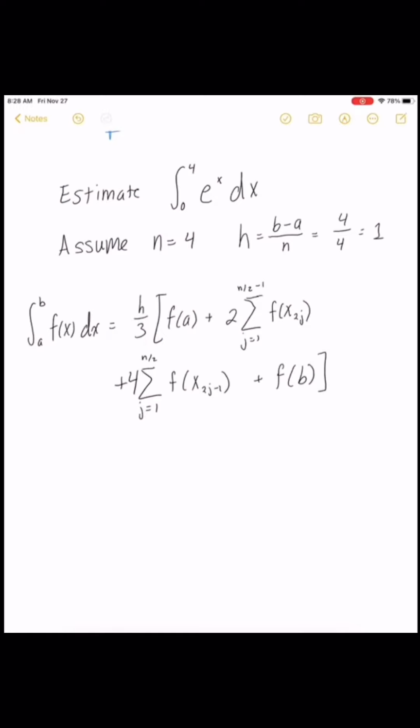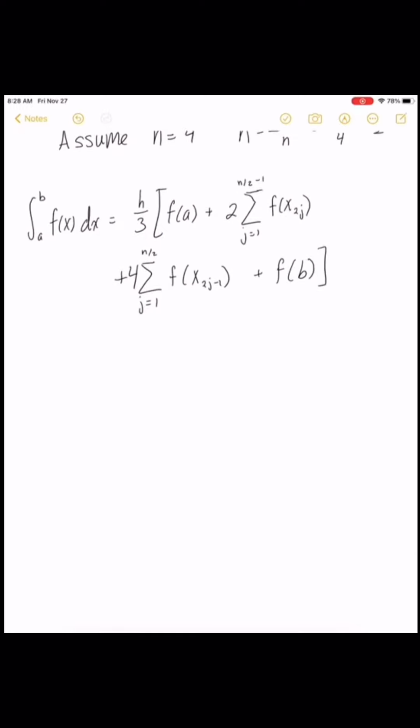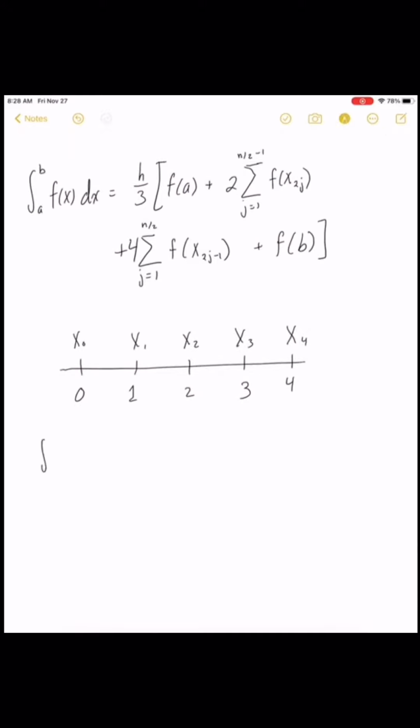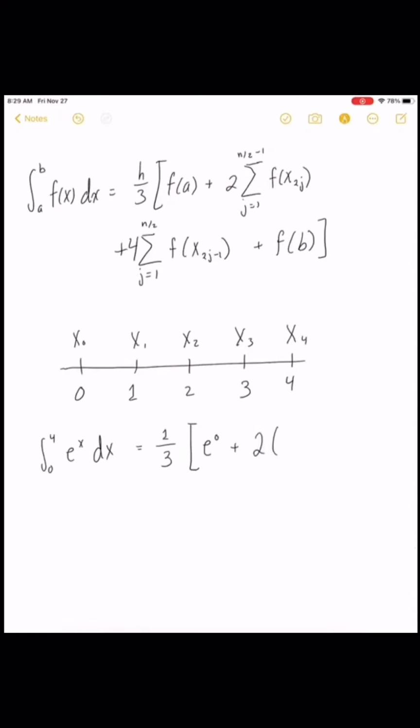Okay, so I do find it's helpful for something like this to just write out what the interval is. So if we're doing the integral from 0 to 4 of e to the x dx, that's equal to h over 3, and h was 1, times e to the 0, that's f of a, plus 2 times the sum of f at all of the even subscripts, not including the first and the last one.